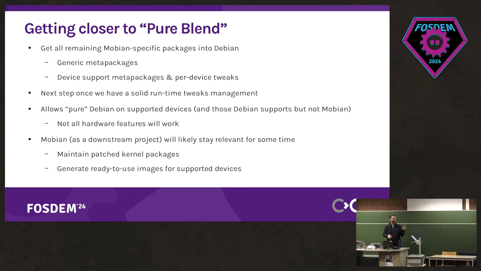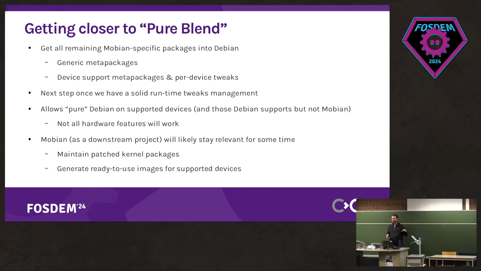This is a specific class of Debian derivatives, and it involves having all the packages in the Debian repository. So this is our next step once we have a working runtime tweaks management. But basically, this would mean having all our meta packages, tweaks packages, and so on in Debian itself.